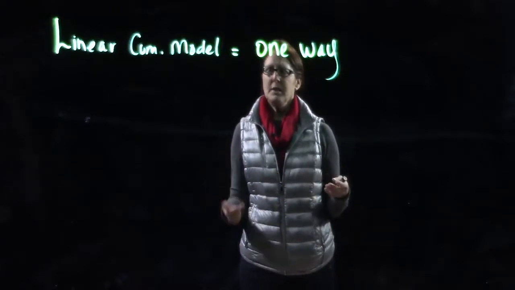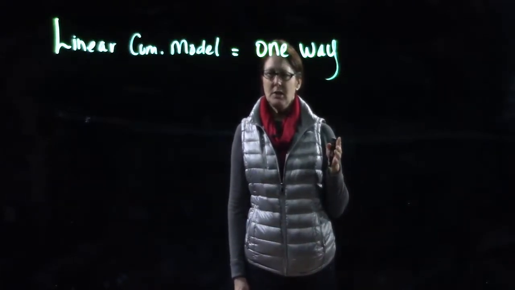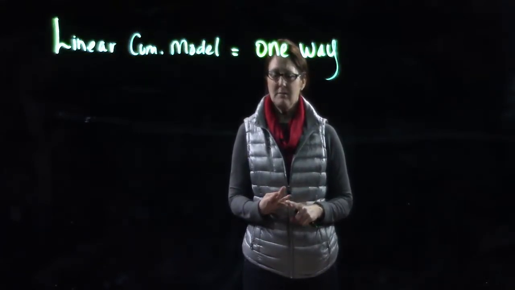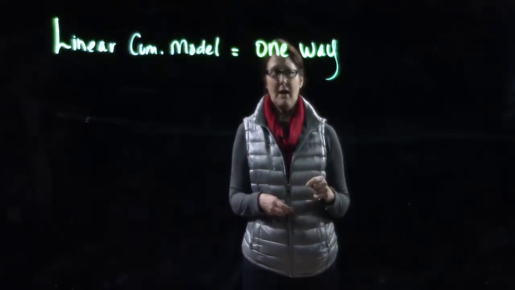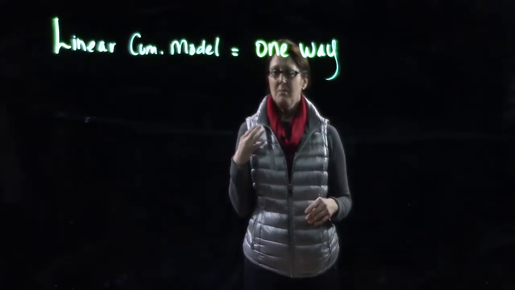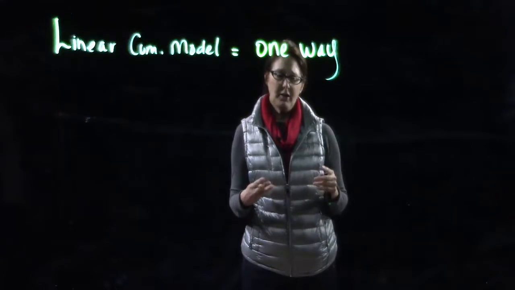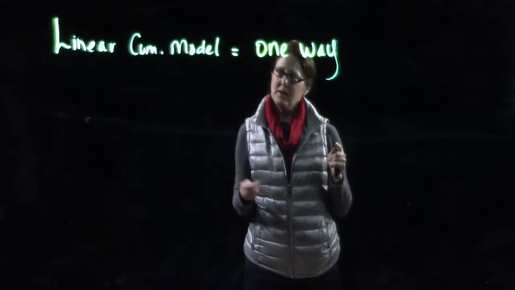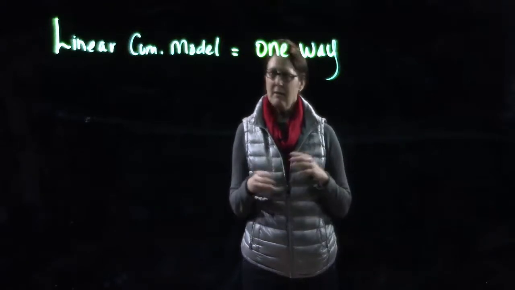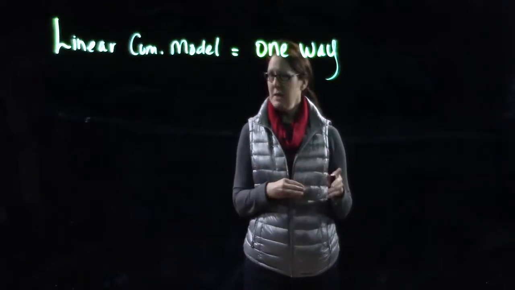So the linear communication model is one-way communication. It's often used when you have a command or a direct statement. It's also used in emergency situations in the military, paramedics, first aid, and healthcare, when it's a directive and you want one person to do something and not have dialogue, discussion or decision making.